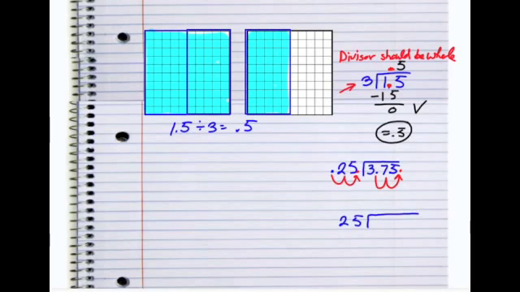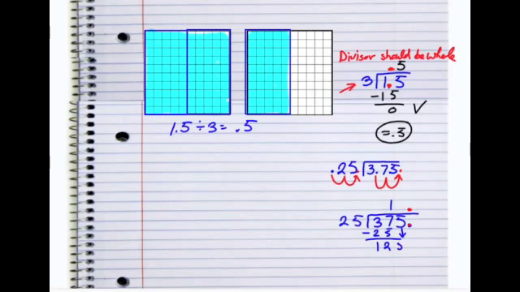25 goes into 375. And here's where my decimal landed. Same rule as before, wherever that decimal is in the dividend, I want to raise it straight up and put it in my solution. Now I can divide. 25 goes into 37 once, and I multiply, subtract, and what I have left is 12.